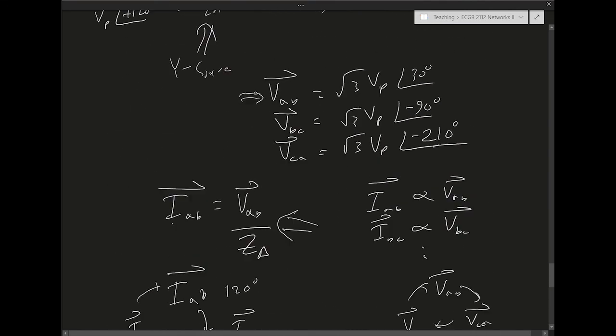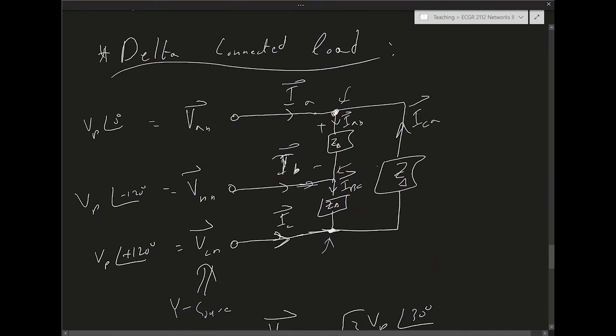So here I'm taking this delta load and I'm converting it to a Y load. What happens if IA goes into the equivalent Y impedance? This is N here, right?